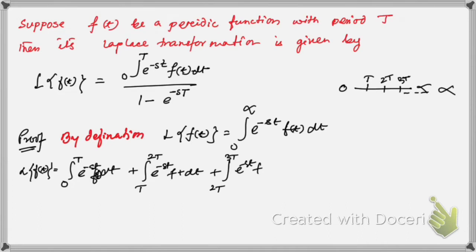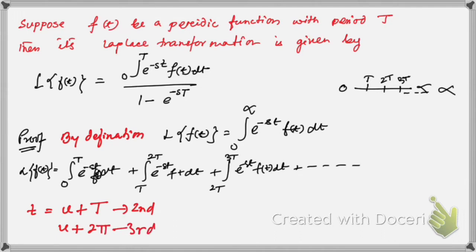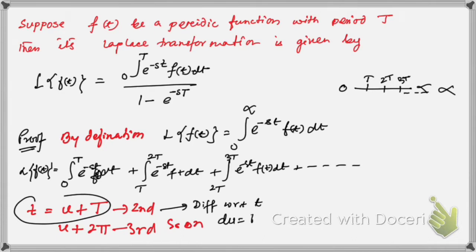Then we are going to substitute t equal to u plus T in the second term, u plus 2T in the third term, and so on. If you differentiate t equal to u plus T with respect to t, we have du equal to dt.